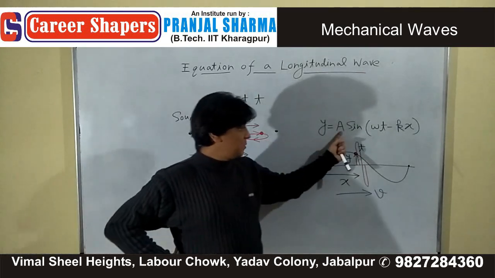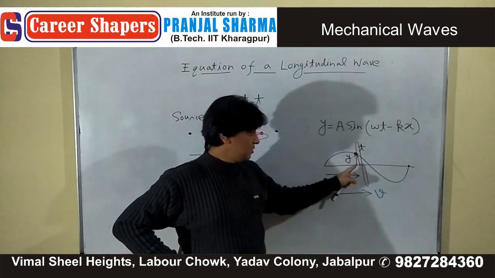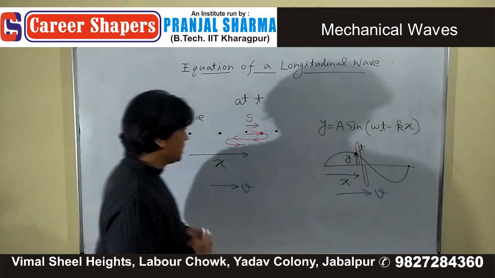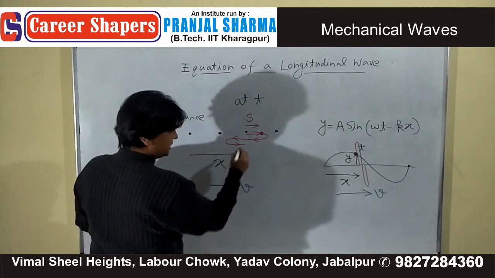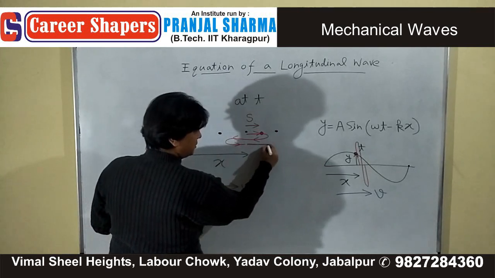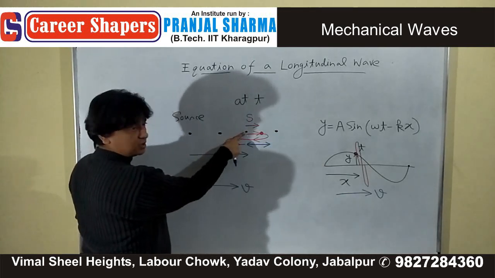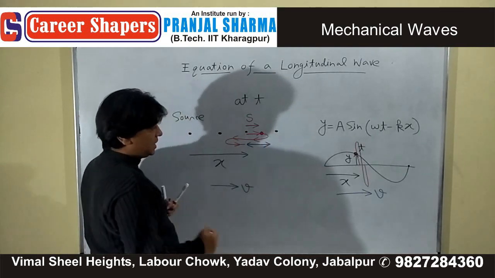Now, what is capital A? Capital A is the amplitude, the maximum which this particle can move. From its mean position, it can move this much only. That's the maximum.